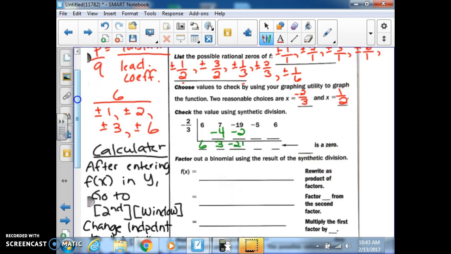Drop it down, you get -21. -21 times -2/3 is 14. Drop that down, you get 9. And then multiply again, you get -6. Drop that down, you get 0.